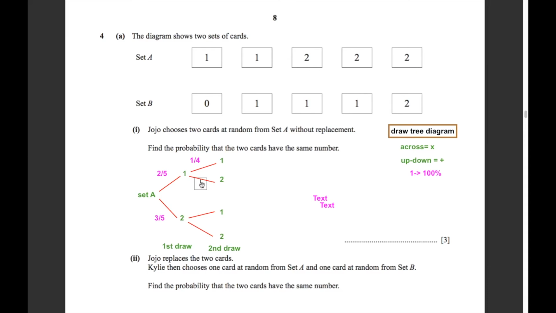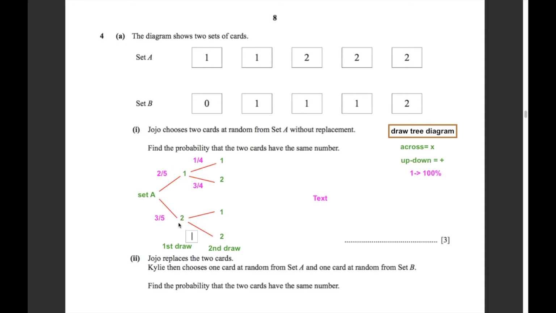We can do the 2 as well, which is going to be 3 out of 4. And you notice 2 over 5 plus 3 over 5 is equal to 5 over 5, which is just 1, again that 100%. And 1 over 4 plus 3 over 4 still gives you 1, right? So we'll move on.